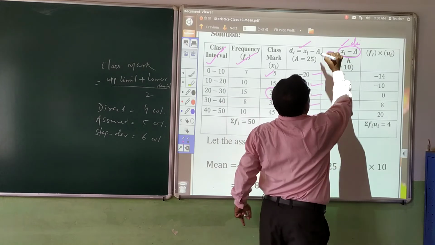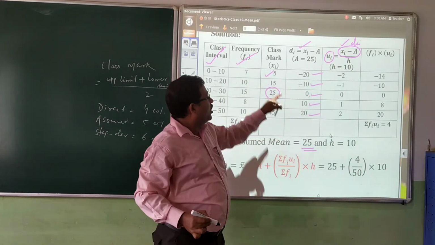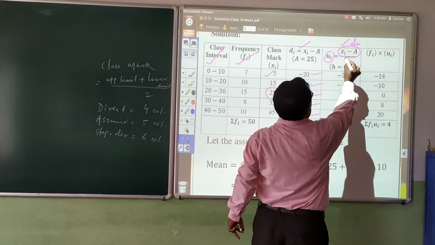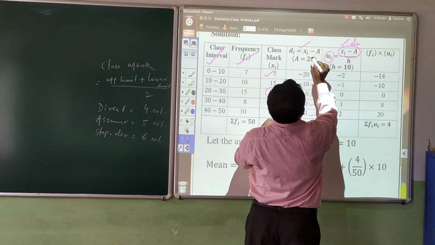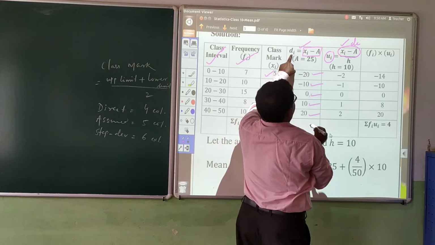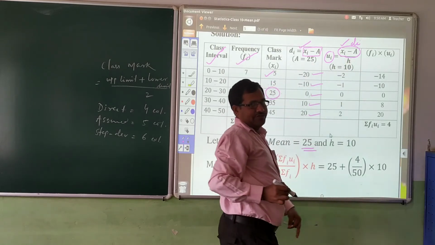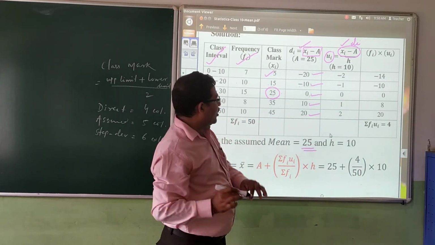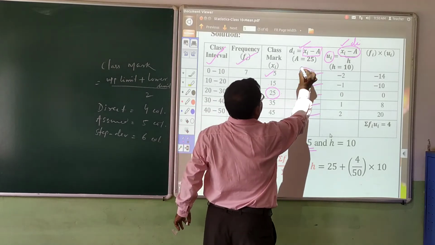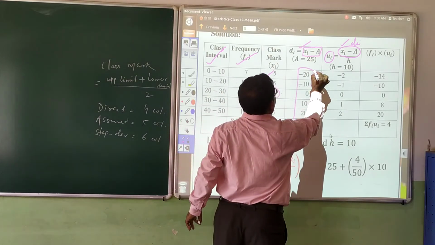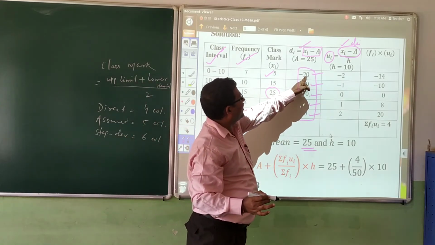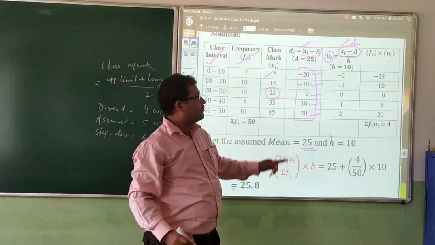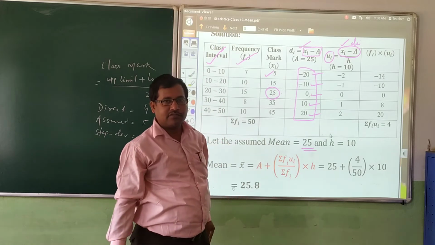Now what is ui? This is the new column for you. So ui equal to di by h, or you can say (xi minus a) by h. di is already found here. What is h? h is a number such that, looking at the di column, it is the greatest number by which I can divide all these numbers.